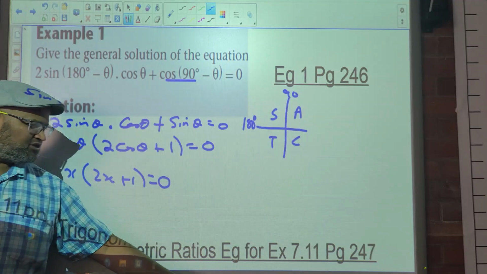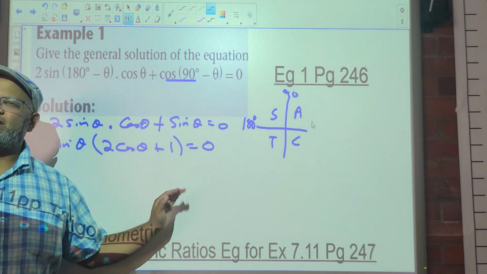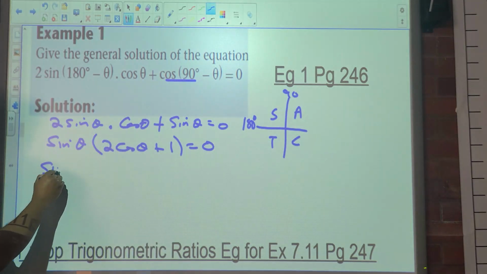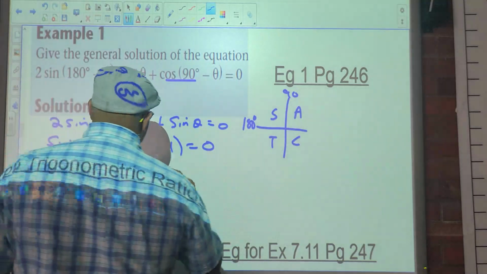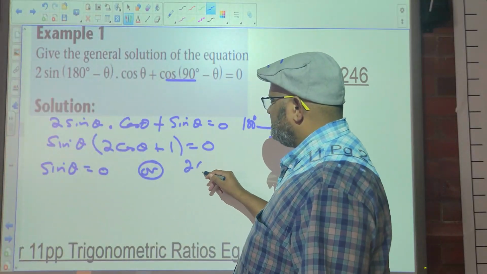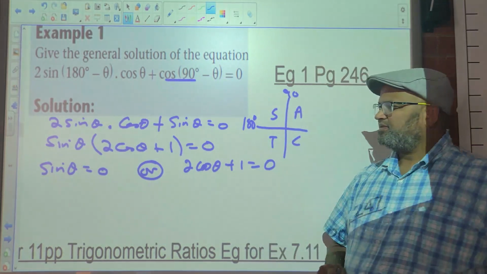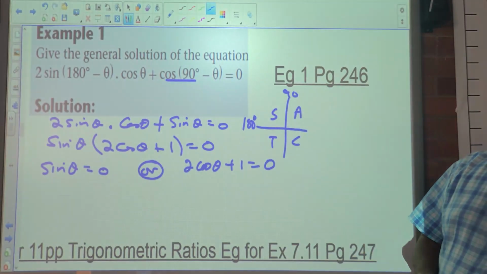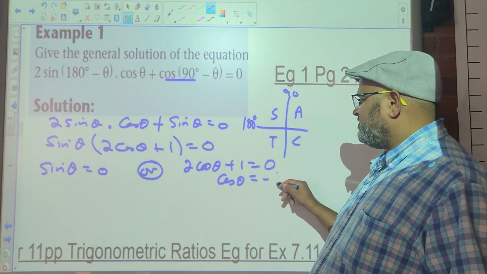So because this is now in the zero factor rule format, I now say that sine of theta is equal to 0 or 2 cos theta plus 1 is equal to 0. Alright, so what do I do now? We take it over. It becomes cos of theta is equal to negative half.